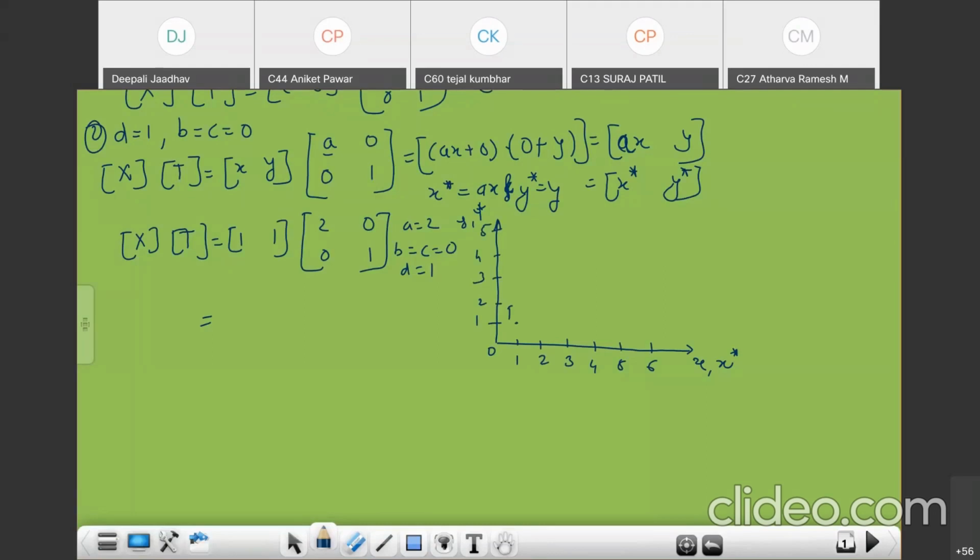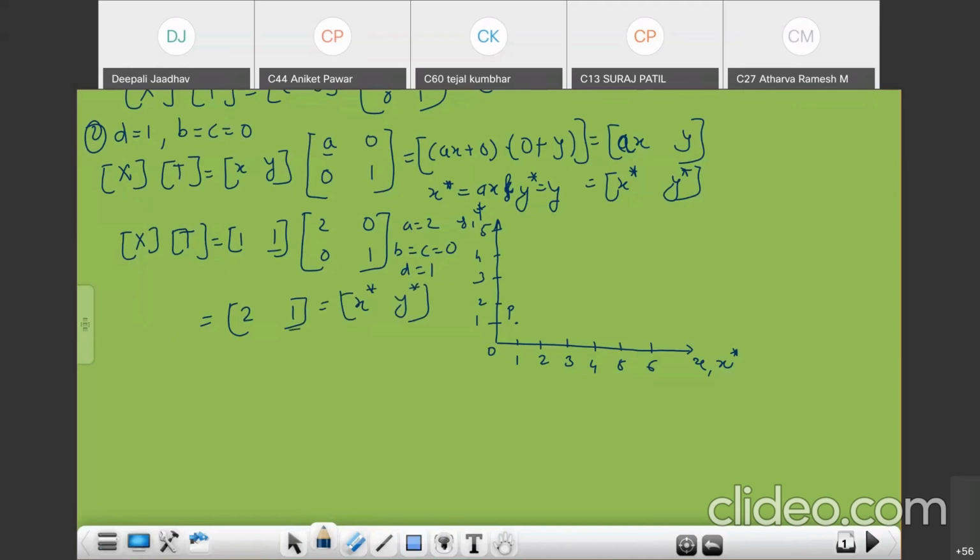We call it a point P that we are going to transform with this transformation matrix. So the result after multiplication of 1 1 is 2 1. After multiplication, the result is 2 1, which is equal to x star and y star. So the y value remains as it is, only the x coordinate changes.